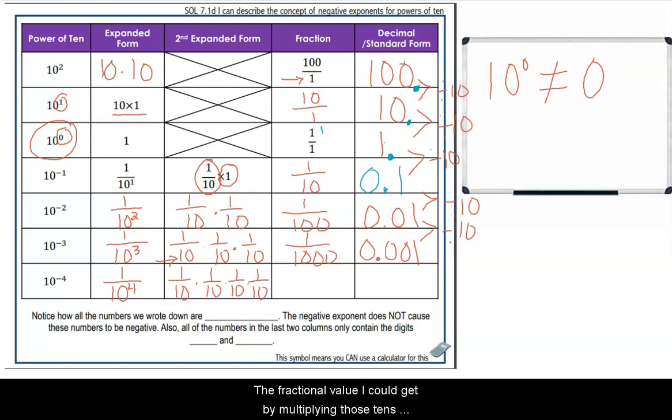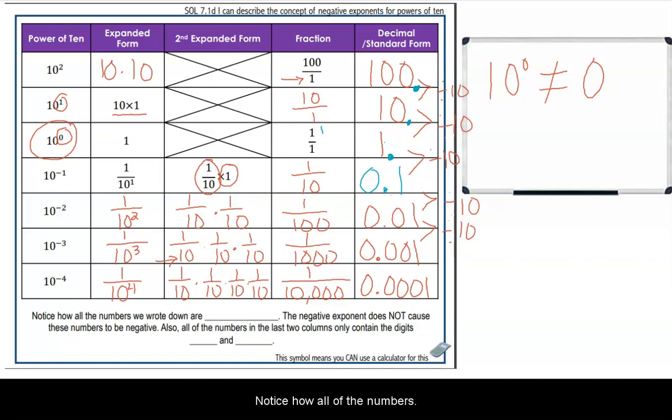The fractional value I could get by multiplying those tens by themselves 4 times on the bottom, which is going to be 10,000. And then 1 times 1 times 1 times 1 is 1. So again, none of these numbers are less than 0, but they're very small decimals. So 1 to the 10,000th power is 0.0001.